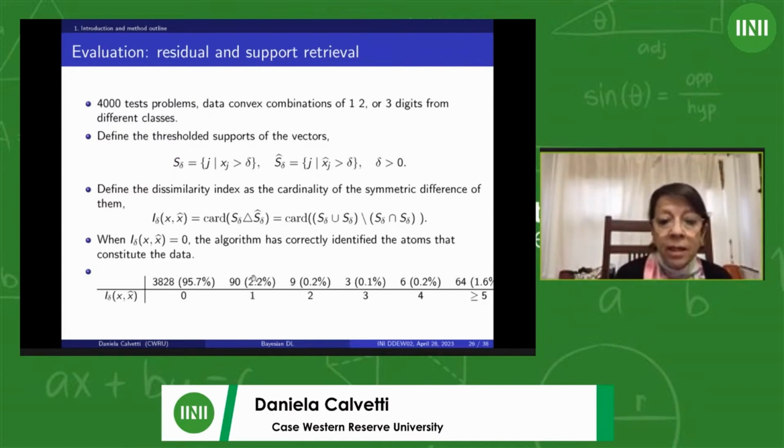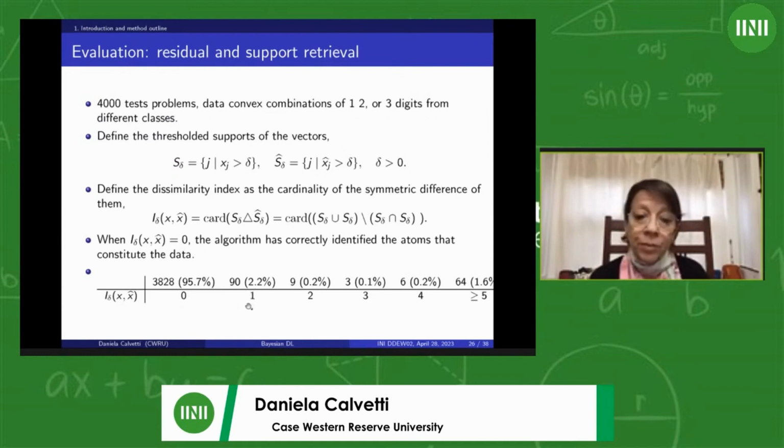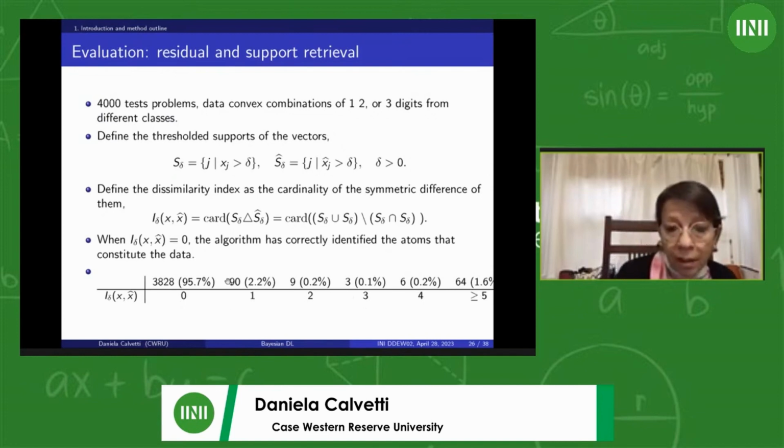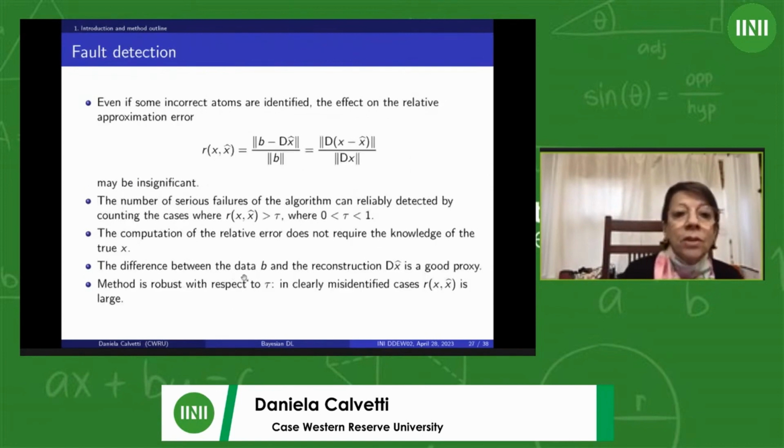Then what we have here is how many mistakes there are, either atoms that were not there were identified, or atoms that were there were missed. So we see that the performance is quite good.